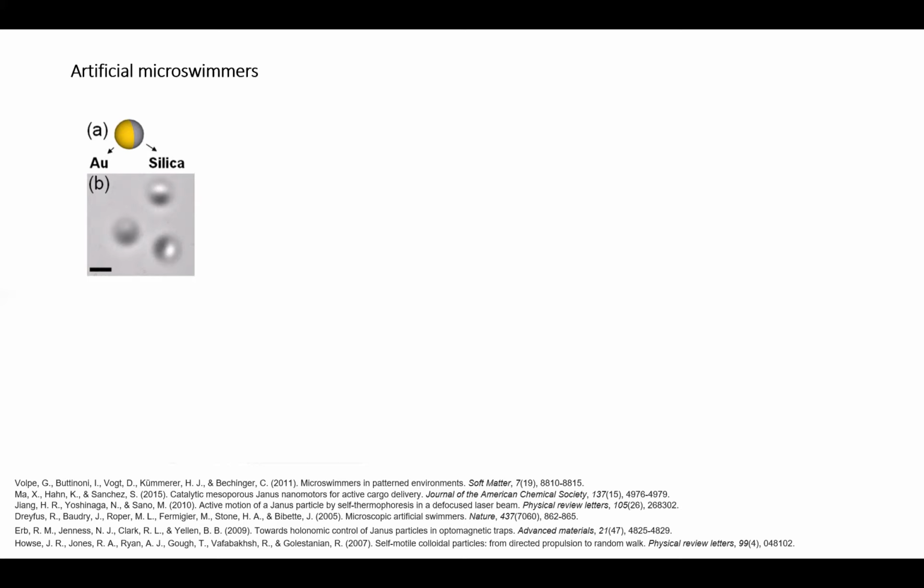It looks like this if you take a microscopic image of these particles. Of course, this is not super accurate, but they roughly spray or coat one side with gold. Then I can shine laser light on this particle. For example, green laser light is very much absorbed by gold. In that case, the gold side of the particle becomes very hot. What does it mean?